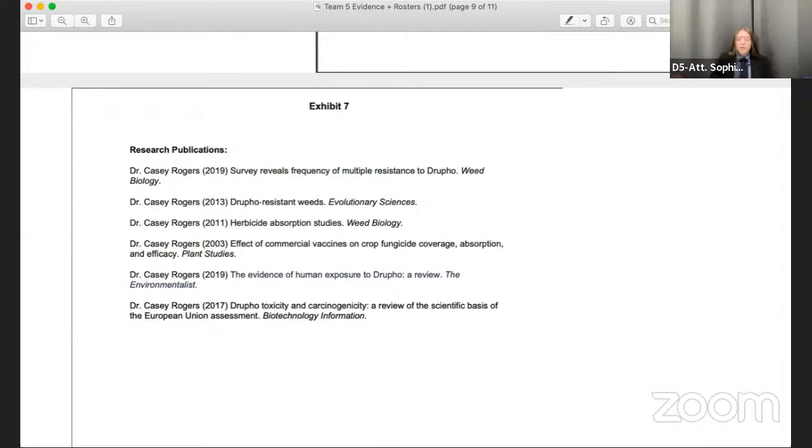Now, nowhere do you mention that this study you've testified to has been peer reviewed, correct? Correct. And nowhere do you mention that your study has been replicated, correct? That is correct. As a scientist, you know that if a study can't be replicated, it cannot be verified. Correct. Thank you.